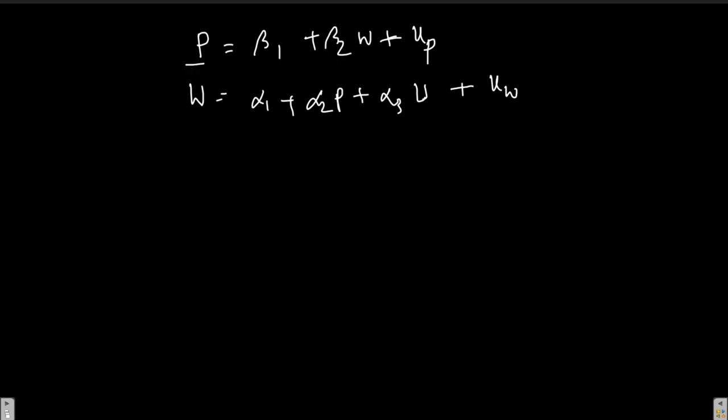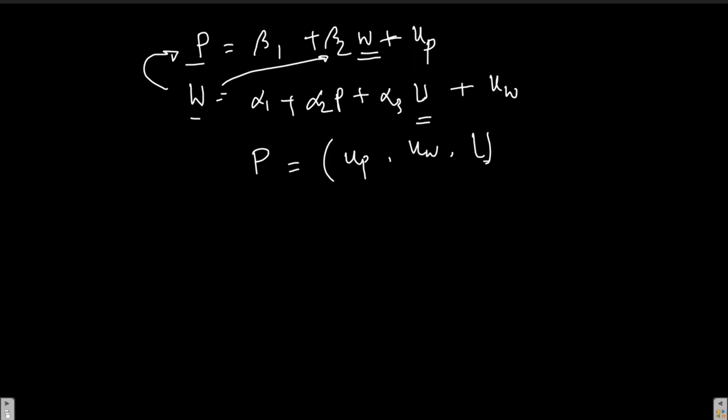P and W are basically endogenous variables in these two equations. If I want an equation for P, I can substitute W from the second equation, and then P can be expressed in terms of u_P, u_W, and capital U. The u_W and capital U are coming from W, which is an endogenous regressor, and u_P is already present in this regression equation.